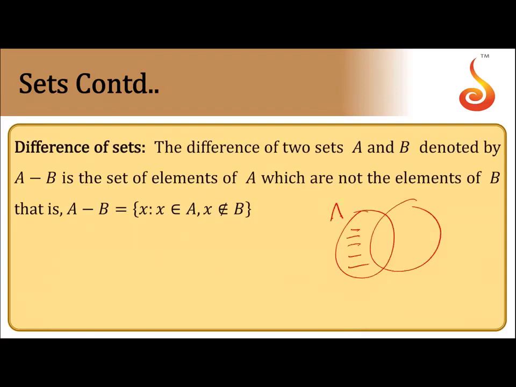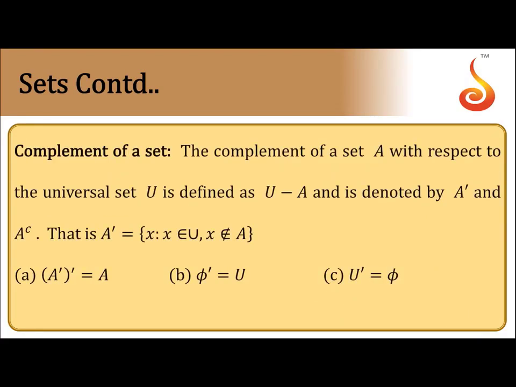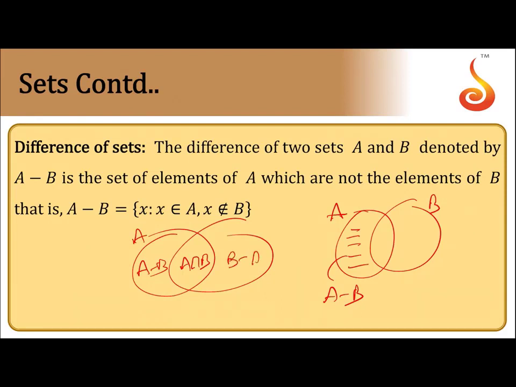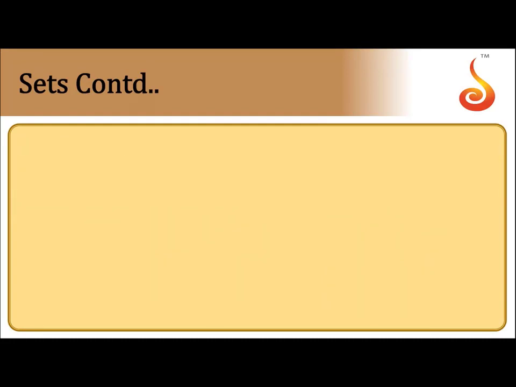The elements which belong to set A alone but not to B are called A minus B. In general, this is A intersection B, and this portion is A minus B because it belongs to A alone but not B, and this is B minus A because these are the elements belonging to B alone but not in A.